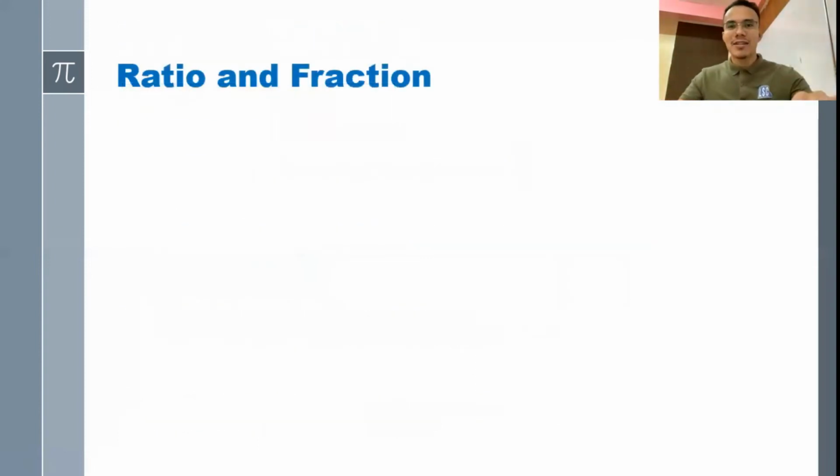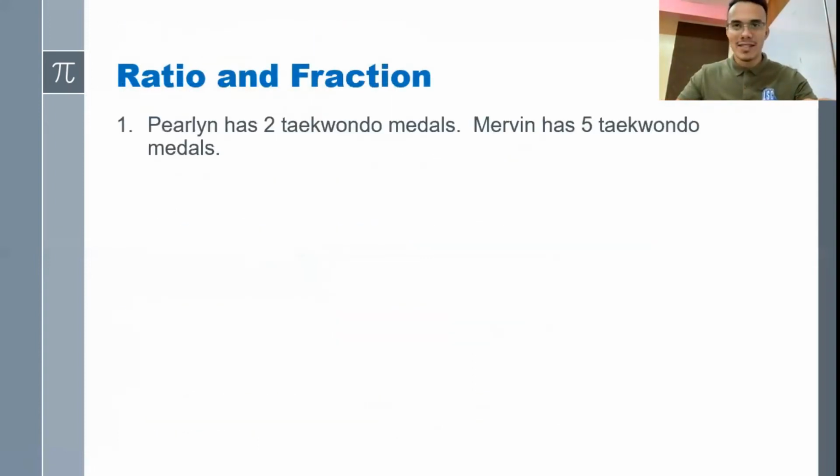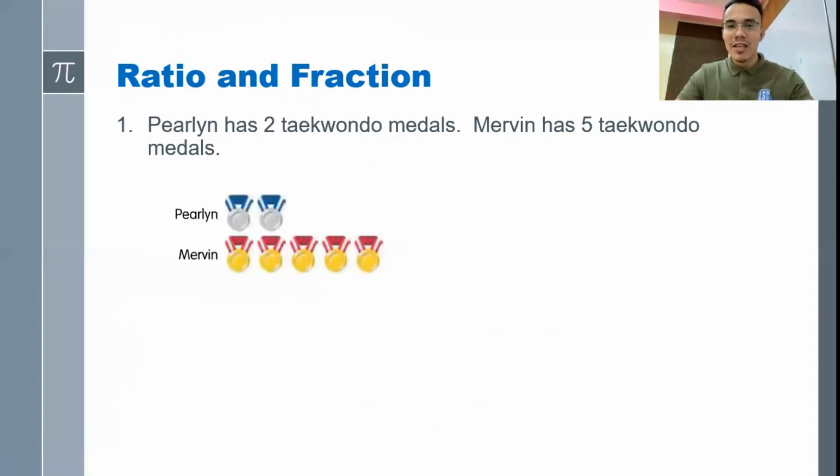Let's have example number 1. Perlin has 2 Taekwondo medals. Mervin has 5 Taekwondo medals. These are the medals received by these 2 people in the problem, Perlin and Mervin.